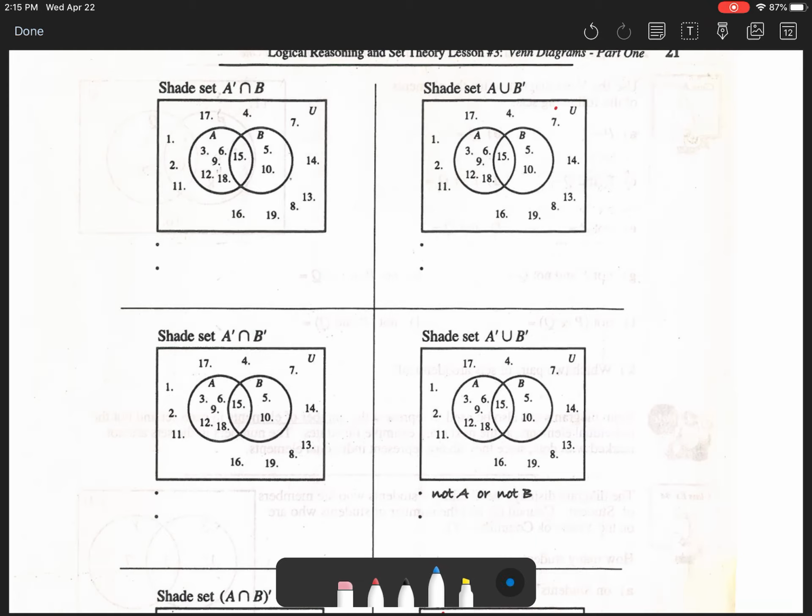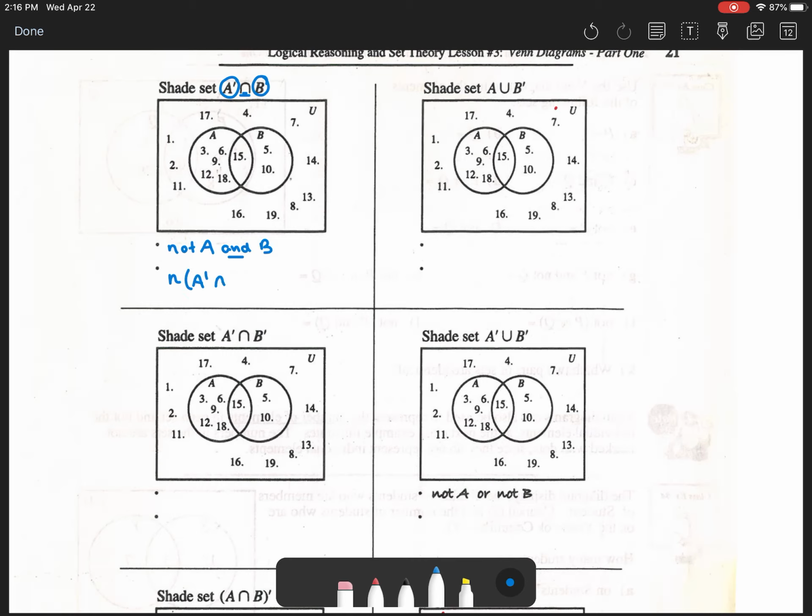Okay, next page. Now, this is where they get a little trickier, because we're talking about the complement of sets in conjunction with sets that are whole. So, for example, in the next one, notice right there, we have the complement of A and B. When I write that down, I would say I want not A and B. So I want to know where not A and B overlap.